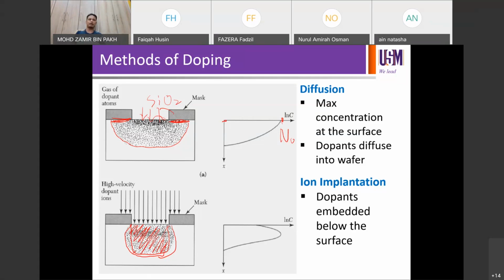So on the other hand, if you look at the diffusion, there's also a lateral component, a bit of diagonal component. Then you're going to end up with a slightly wider diffuse profile under the mask, even under the mask. So if you talk about, for example, kalau you nak dope technology node of 3 nanometer or 5 nanometer that is very close to each other, very packed, are you going for diffusion or implantation to produce your dope region?